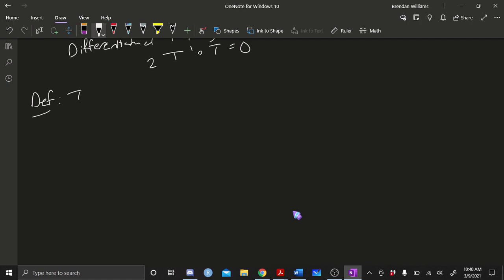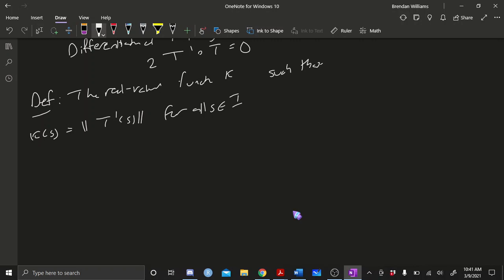The real valued function kappa such that kappa of s is equal to the norm of T prime of s, for all s in I, is called the curvature function of beta.